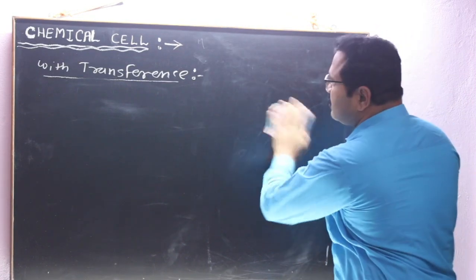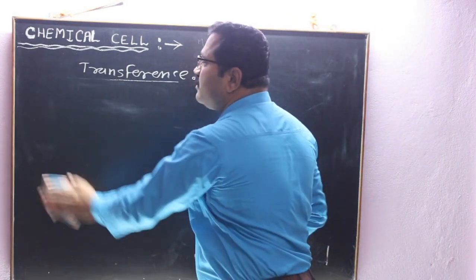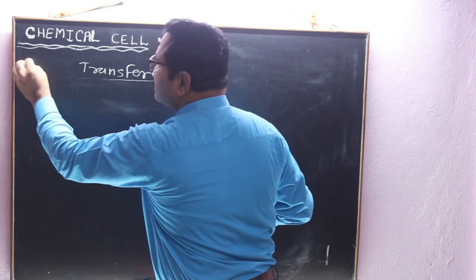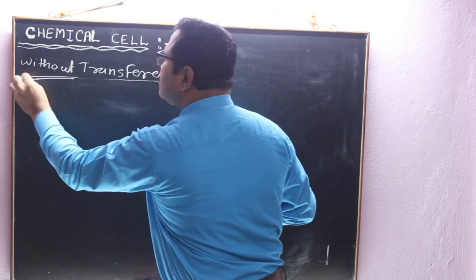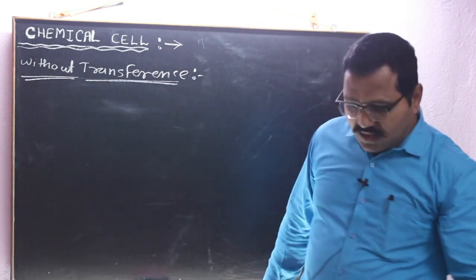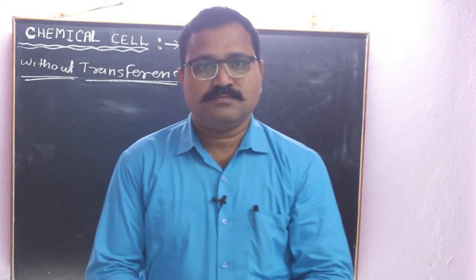Such a cell is called a chemical cell without transference.